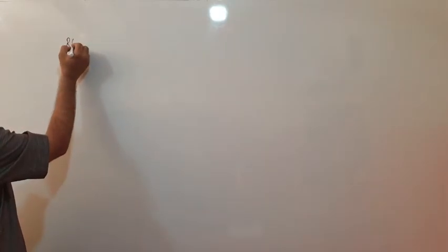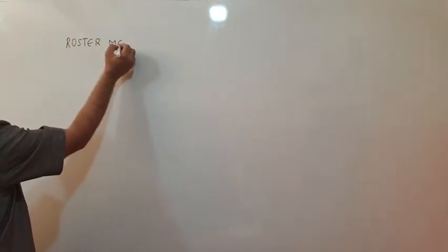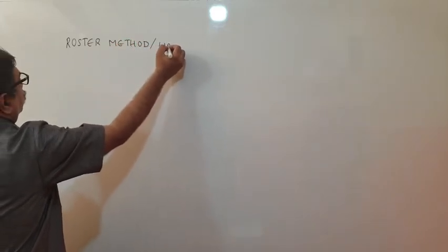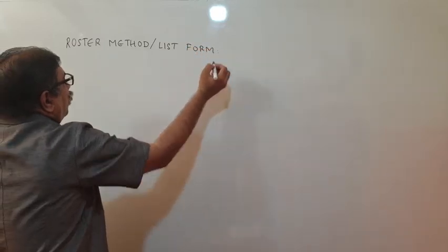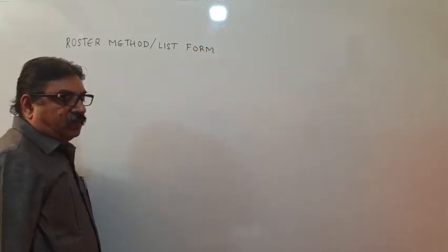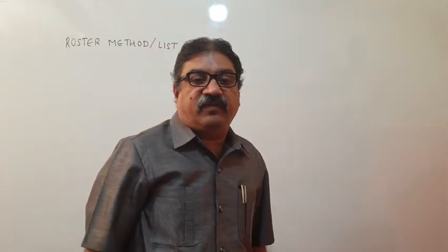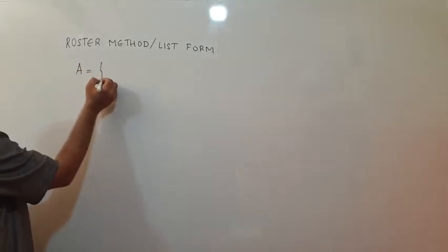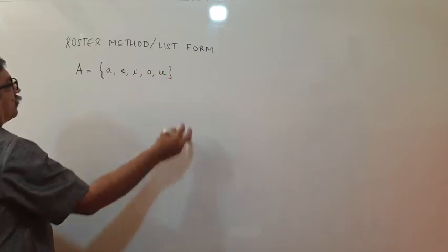One is the roster method, or the list form, where we will write all the elements of the set. Supposing I am asked to write the set containing vowels of English alphabet. So list form, or roster form, will be A, E, I, O, U.